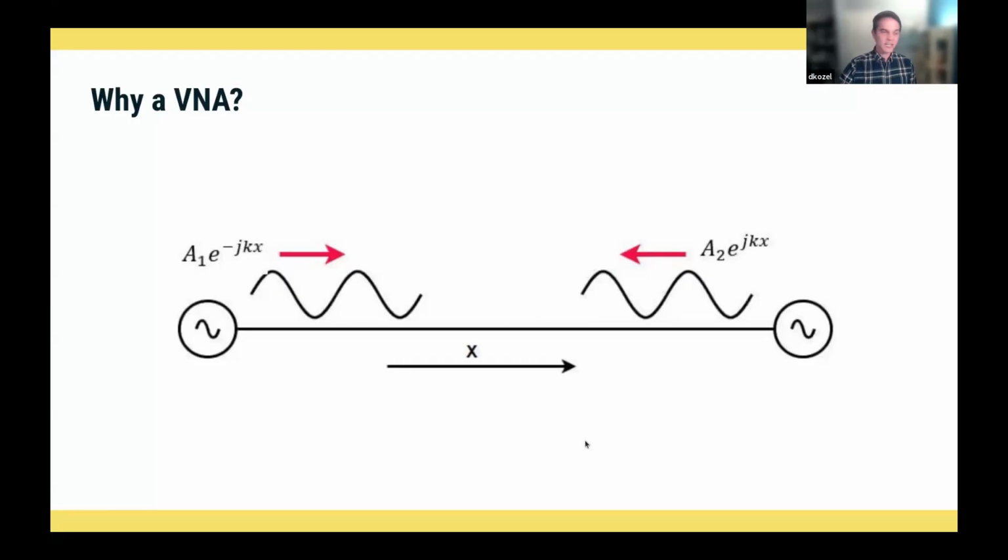Does anyone know what happens if you have two signals that bump into each other on a line? Comments in the chat, as a YouTuber might say. Yeah, annihilation, addition, they combine in whatever way that is.